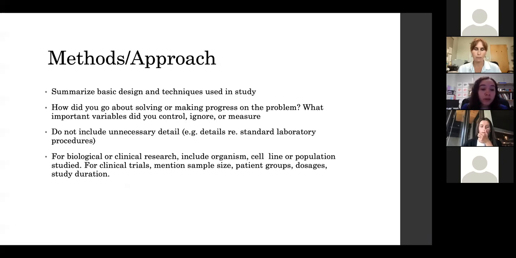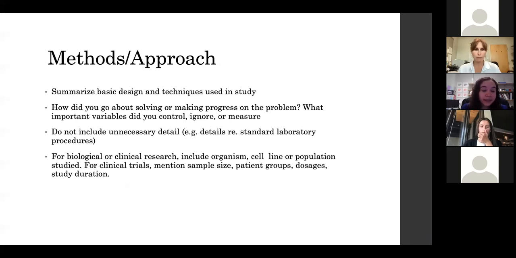Of course, we always have to think about the word count, but some information is really important and should be stated in the methods section, so it will be clear to the reader what approaches you used for your study.